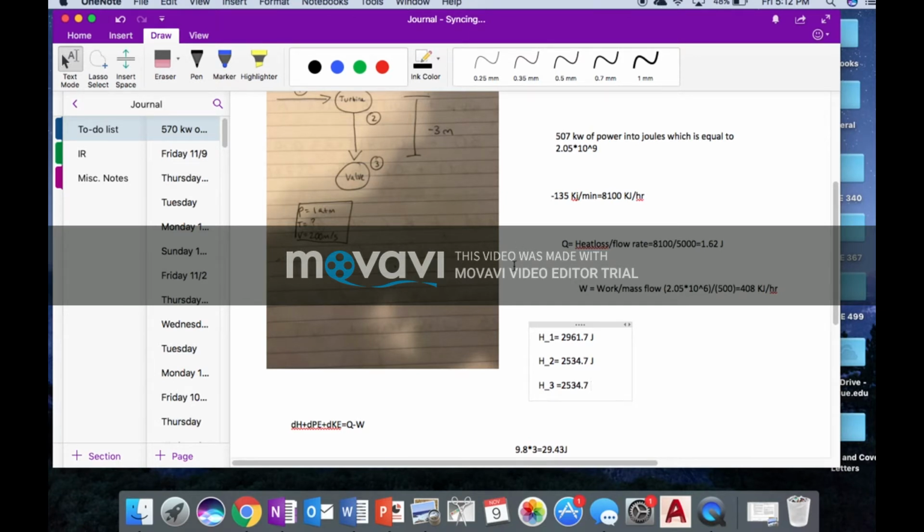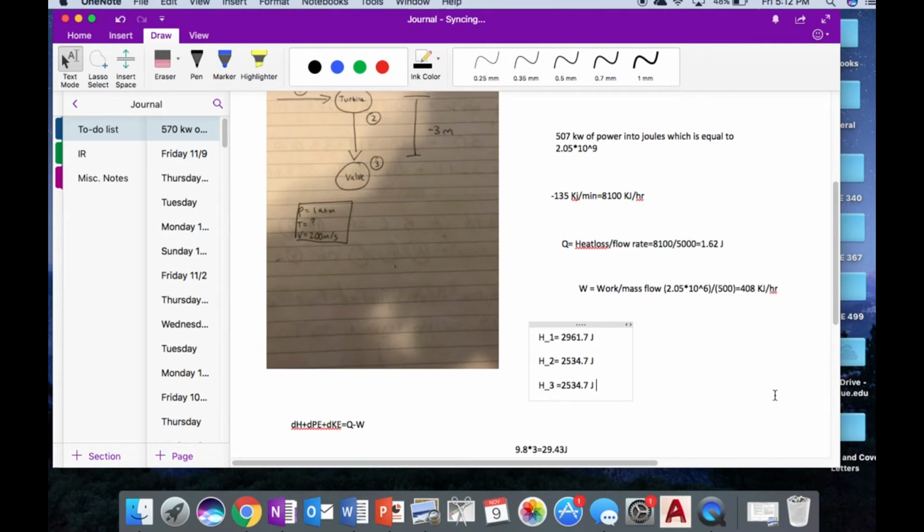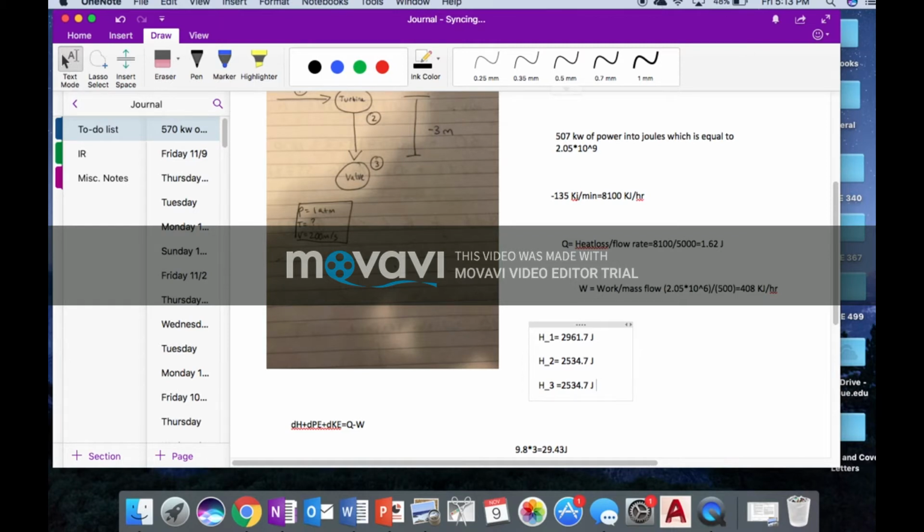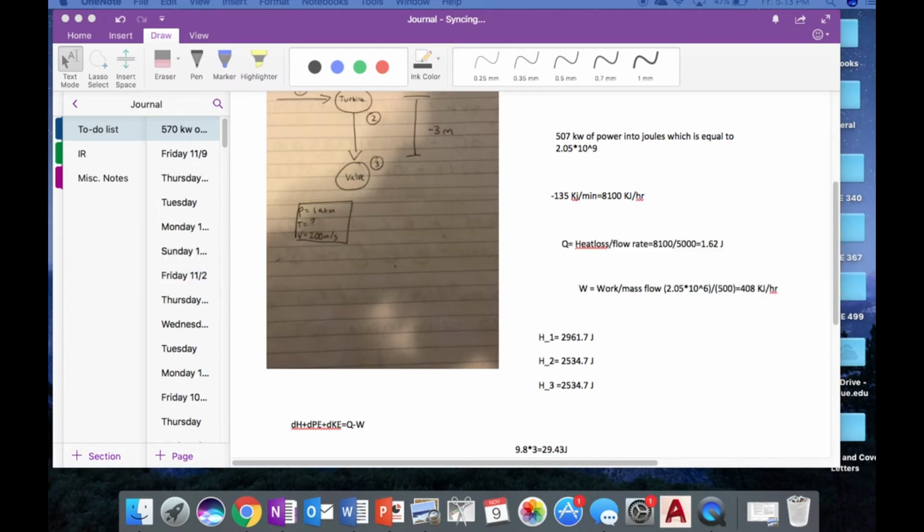So that's why the enthalpy at H3, this point here, is also 2,534.7 joules, just like at H2. And with it being isothermal, we can now answer letter A, what the temperature of the vapor is. From the calculations and how my partner helped me understand, it is the same temperature as it came in because of that isothermal system.